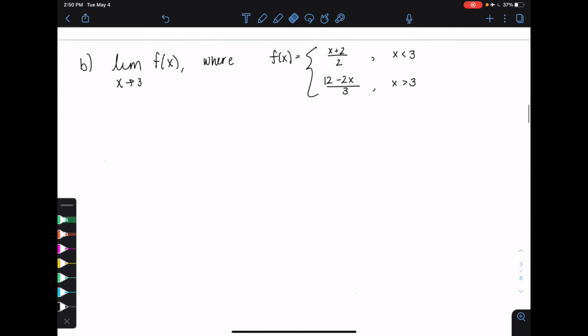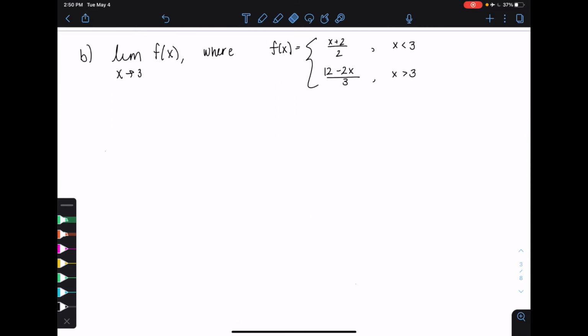Let's try another one. Let's find this limit where, again, we have two different pieces. So I want the limit of f of x as x approaches 3, but you have a problem. It does different things on either side of 3. So when x is less than 3, that would be the left side of 3. x greater than 3 is the right side of 3.